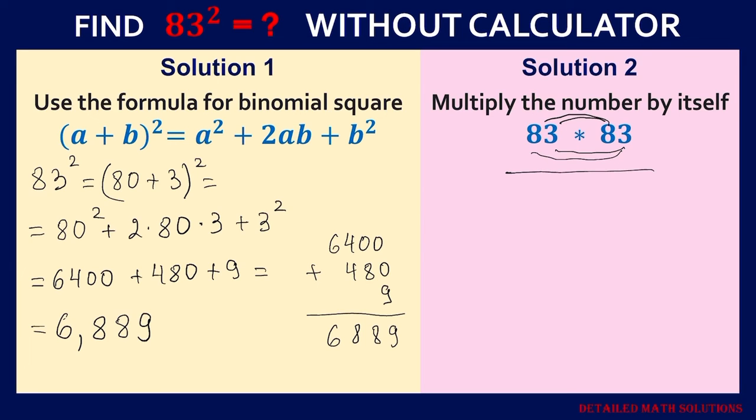So this is 3 times 3 is 9, 3 times 8, 24. 8 times 3, again 24, and then we have 8 times 8, 64, plus 2, 66. And then we just need to add them again, each number, and we get the same answer as solution 1, 6,889.